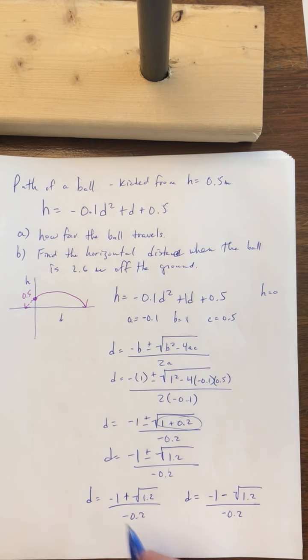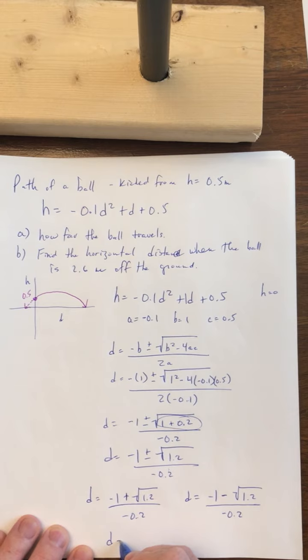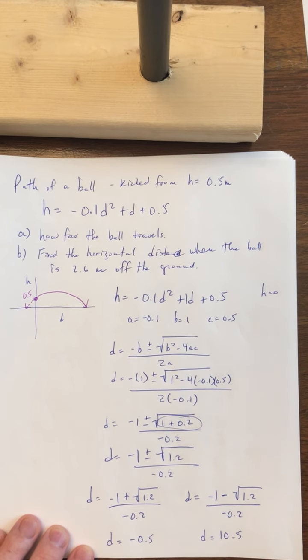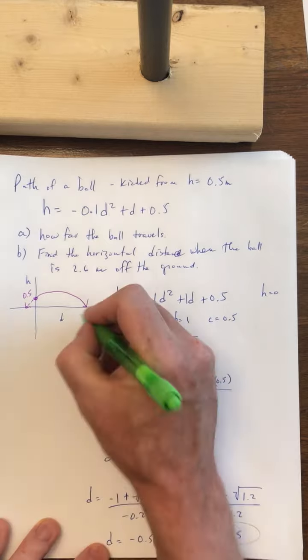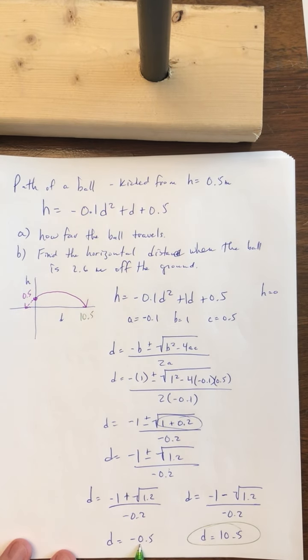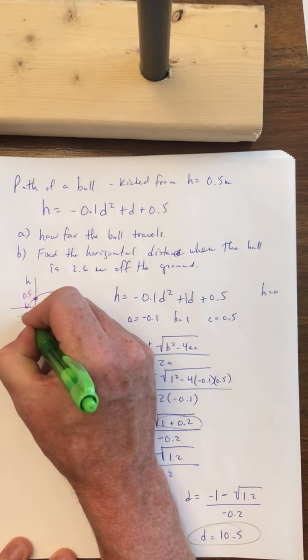If we figure out our approximate roots, we're going to get -0.5 on this side and a distance of 10.5 on this side. So this here is our answer. This ball lands at 10.5. It also crosses the x-axis at -0.5 out here.